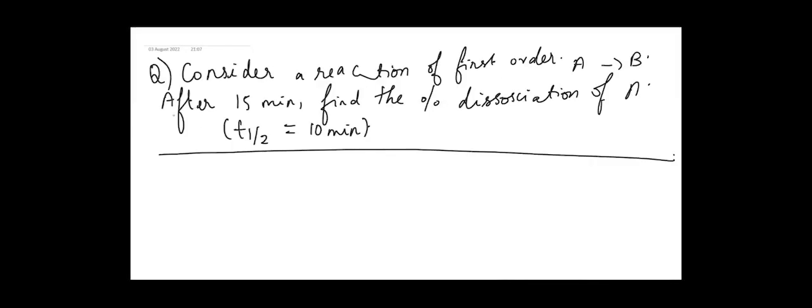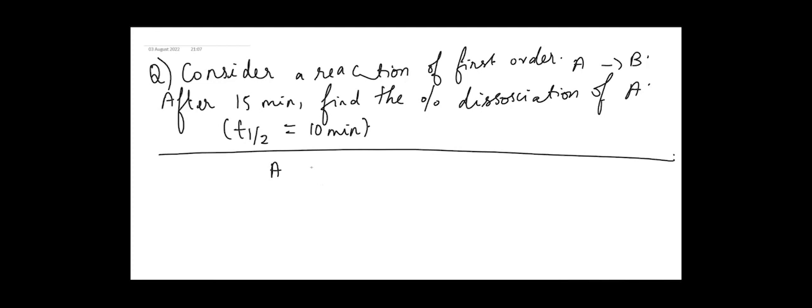Now this is our next question. Consider a first order reaction A gives B. After 15 minutes, find the percentage dissociation of A, and the half-life is given to be 10 minutes. How do you find the percentage dissociation of A?